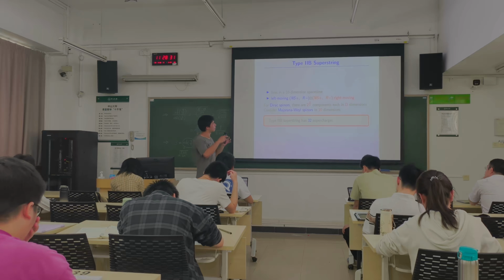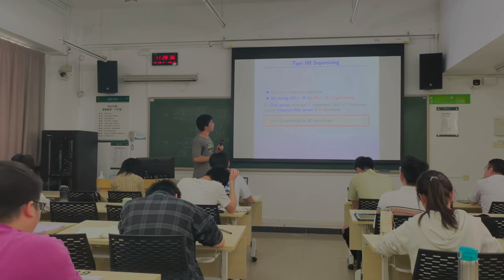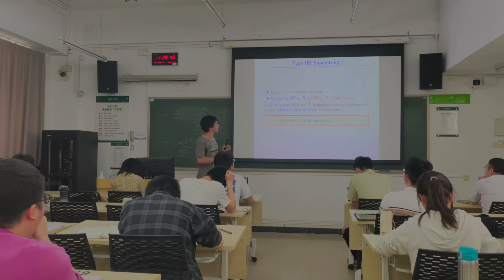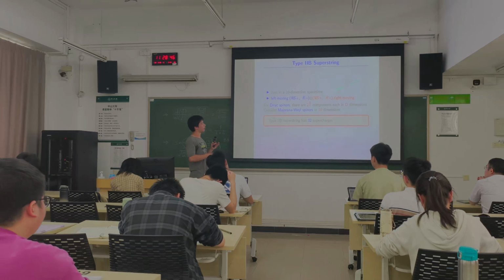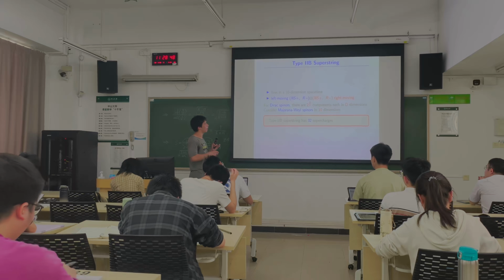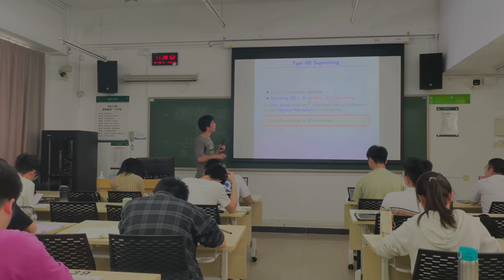Which means you have 32-component Dirac spinors in 10-dimensional space-time. But in 10-dimensional space-time, we can impose the reality condition, which means it can be Majorana, and at the same time the chirality condition can hold.